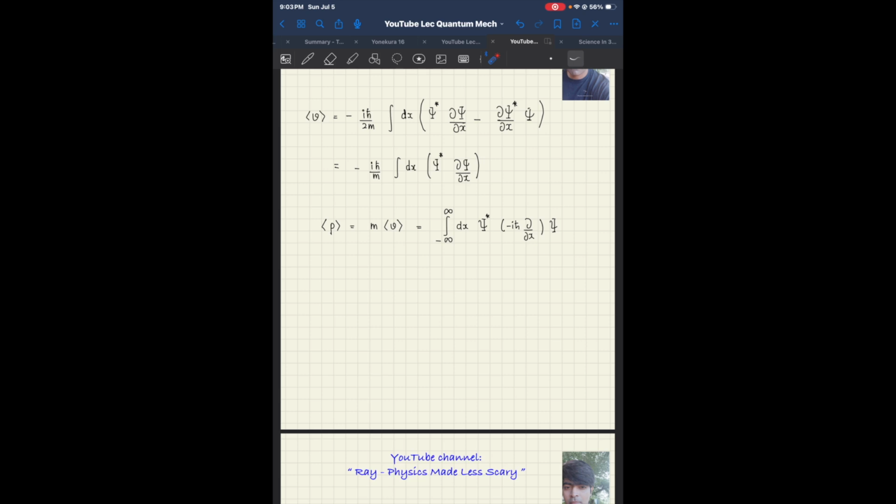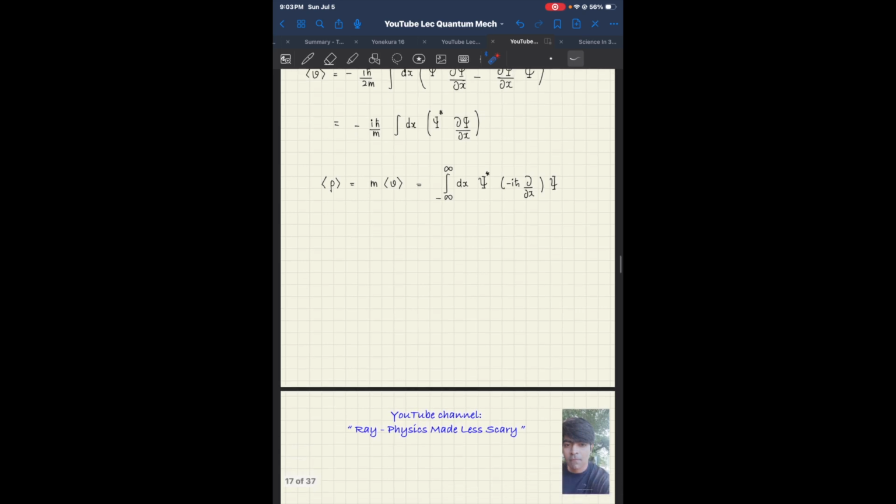But more importantly, it tells you that in quantum mechanics, momentum is given by this, minus iℏ ∂/∂x, just as position is really given by x.